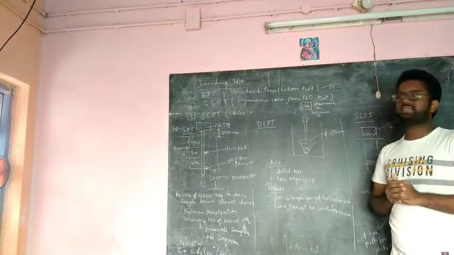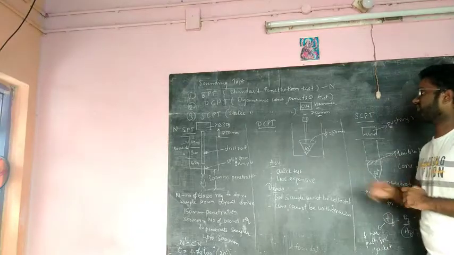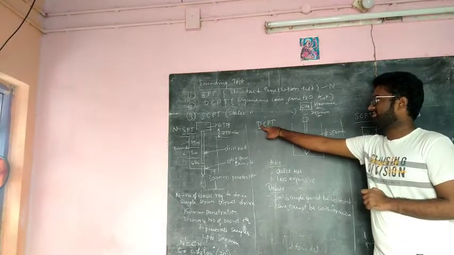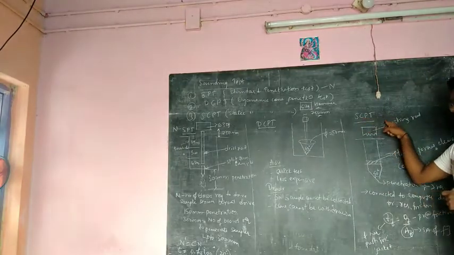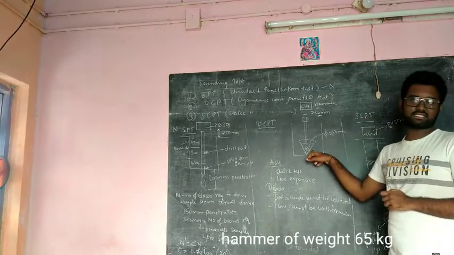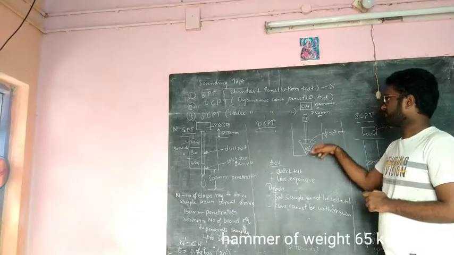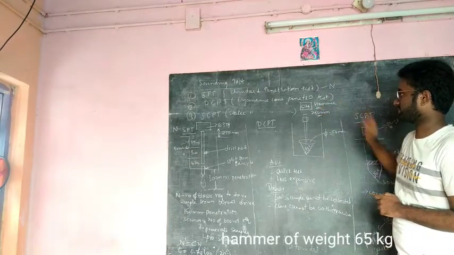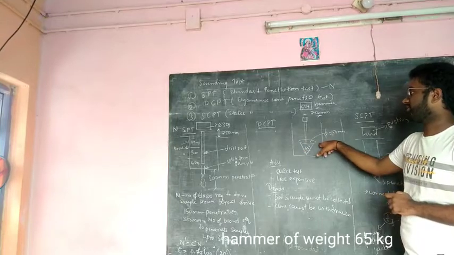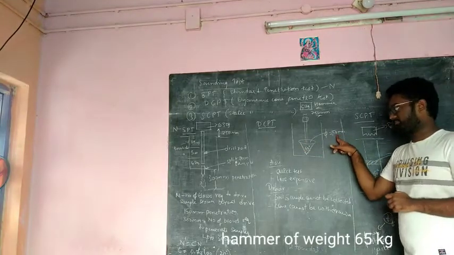Coming to the cone penetration test. In cone penetration test we have two different tests. One is dynamic cone penetration test, one is static cone penetration test. So we have a cone-like structure present in the borehole, and initially there is a difference of 750 mm on the upper side, and the diameter of the cone is 50 mm.